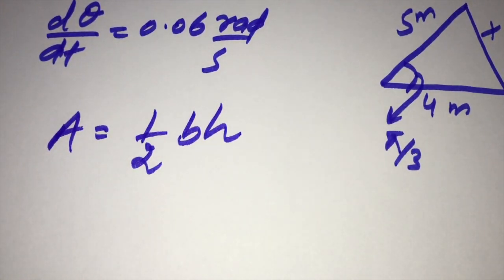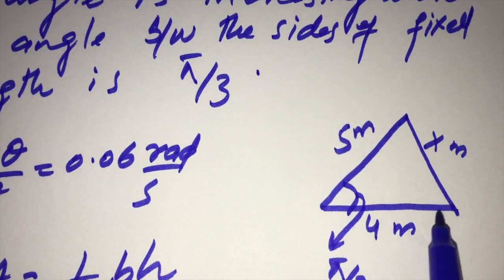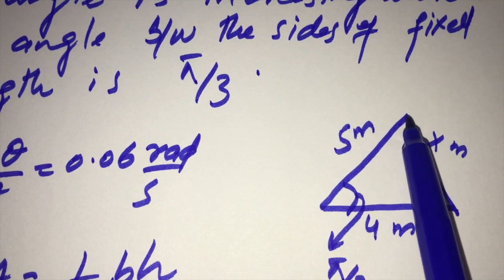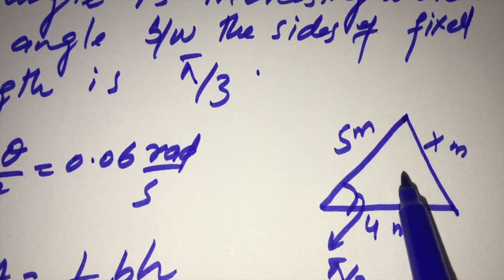We have to find at which rate the area of the triangle is increasing, so we must take the derivative, but before moving onward, we draw a line which passes from this point and cuts this side.